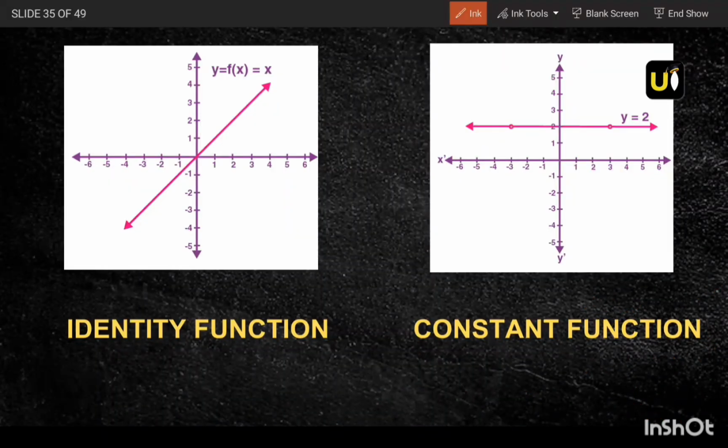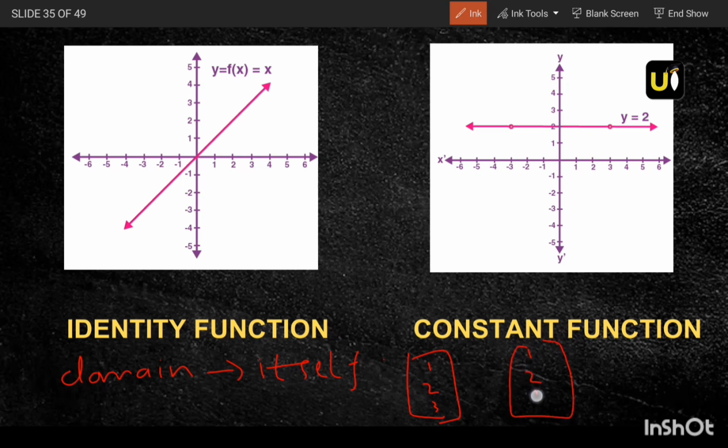Next, identity function. Identity function is a function in which every element of the domain is mapped to itself. So let's consider an example: 1, 2 and 3, and 1, 2, 3. So 1 is mapped to 1, 2 is mapped to 2 and 3 is mapped to 3.